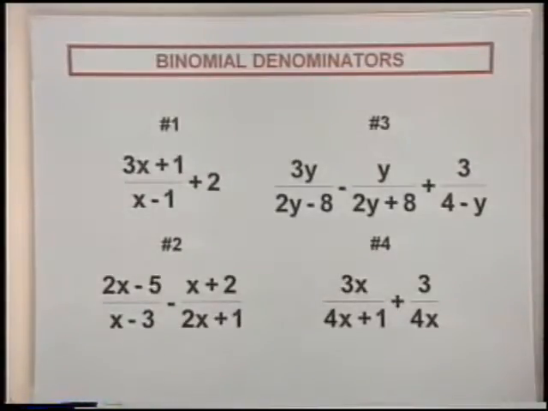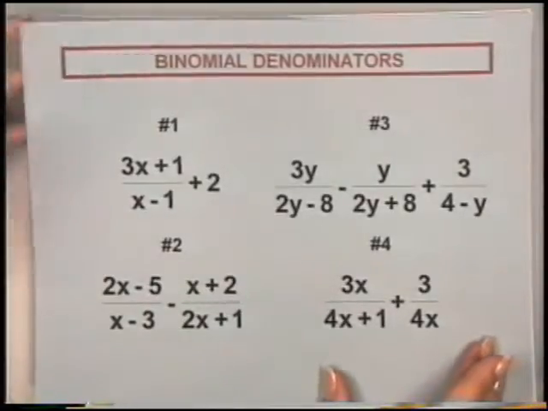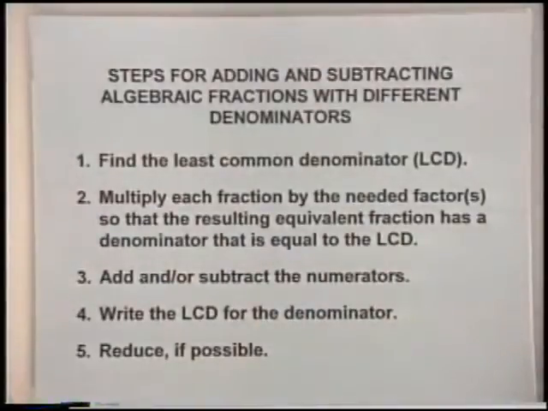Binomial denominators. Here are the problems I shall work in this set of problems. I'd like to begin by reviewing the steps for adding and subtracting algebraic fractions with different denominators. First, we will find the least common denominator, the LCD.